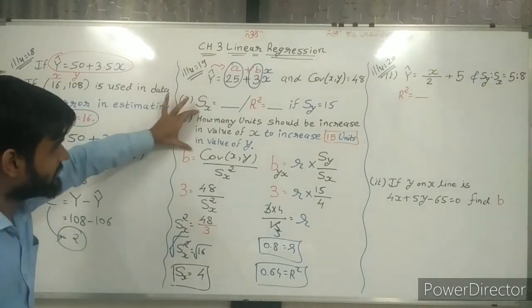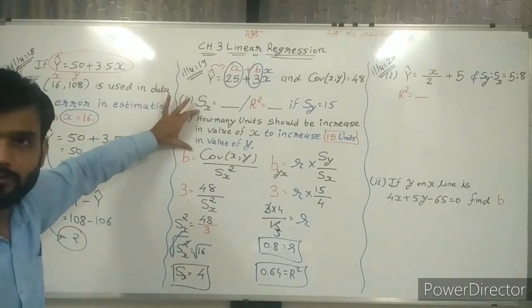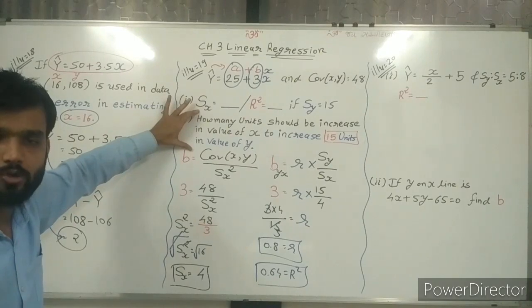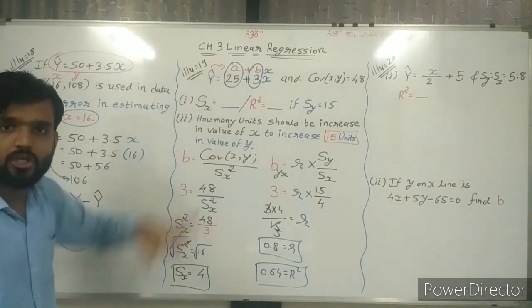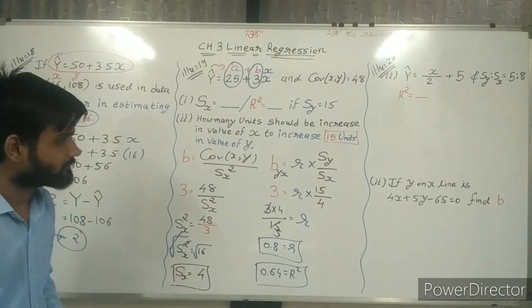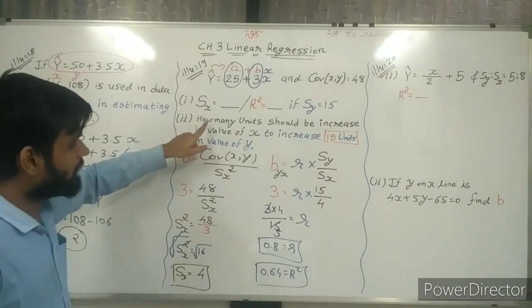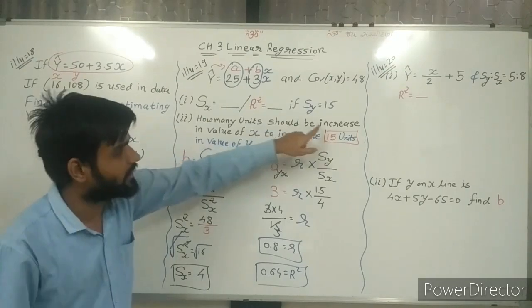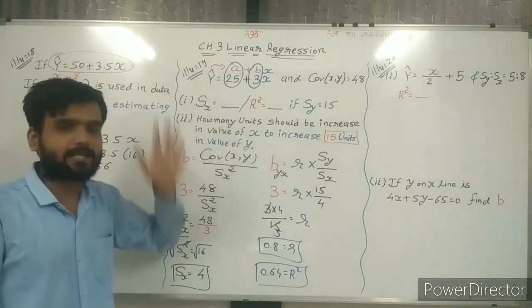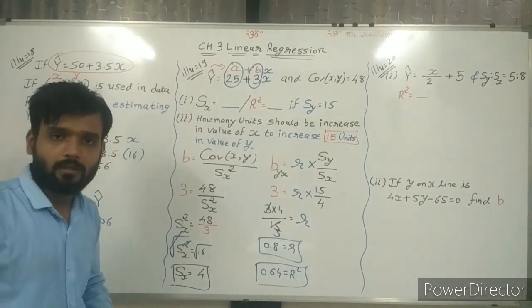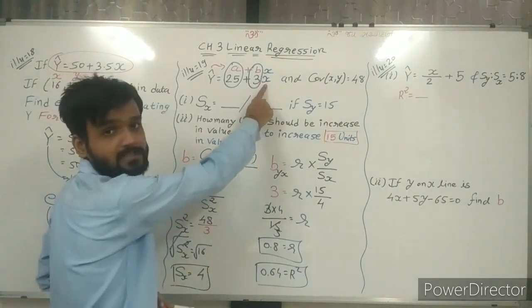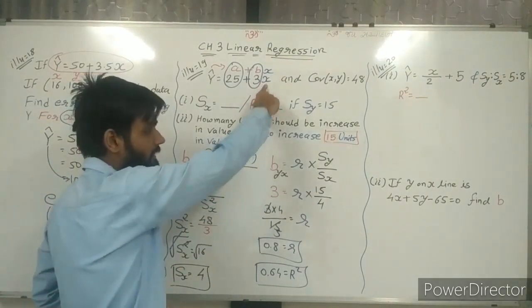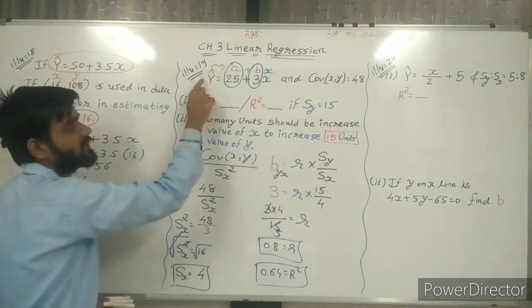Now talking about the second question, in the same illustration number 19. How many units should be increased in the value of x, this x, so that there is a 15 unit increase in y?